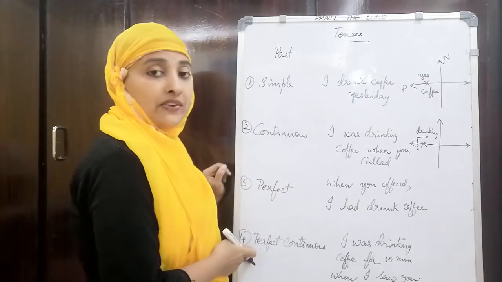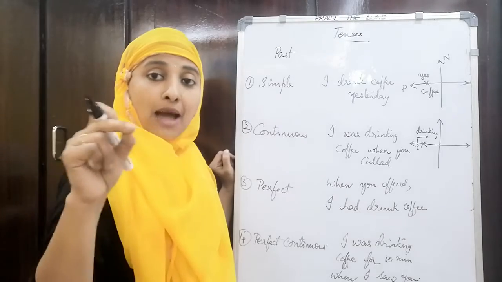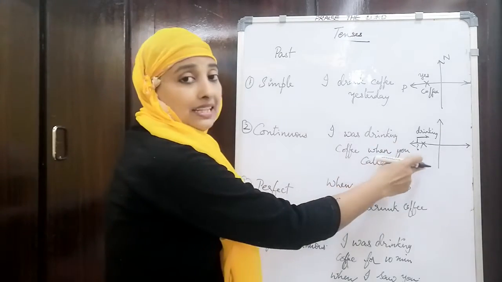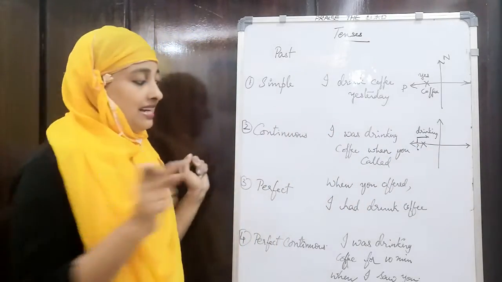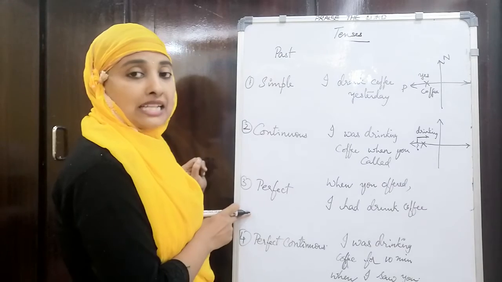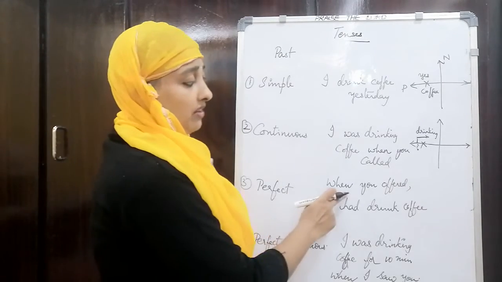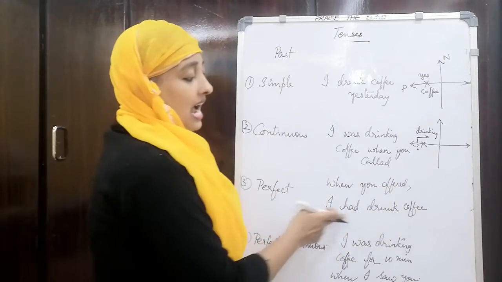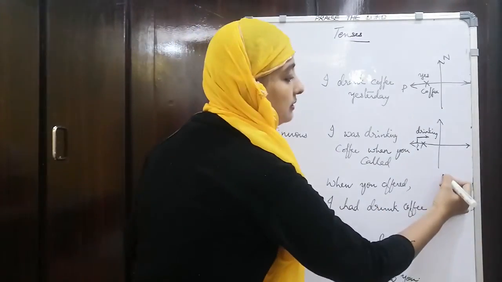So past perfect continuous tense is also an event where the first event is still happening when the second event got completed. But here it is not that. Now past perfect tense. When we are trying to tell about past perfect tense, by the time you offered a coffee, I had drunk coffee. I already had it.